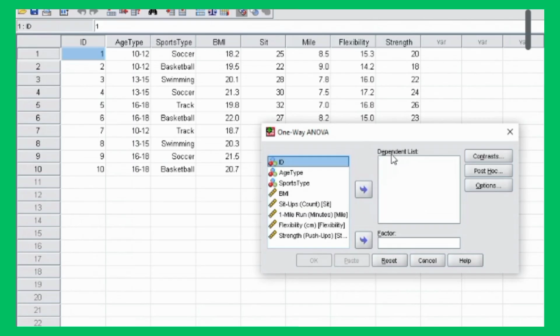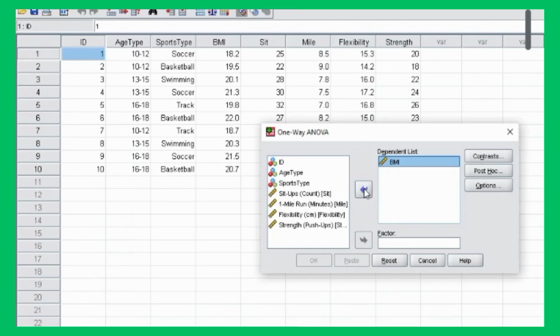So you put your dependent variable here. We choose BMI. We put it here. Then we choose our independent variable, which is age group. We put it in the factors.